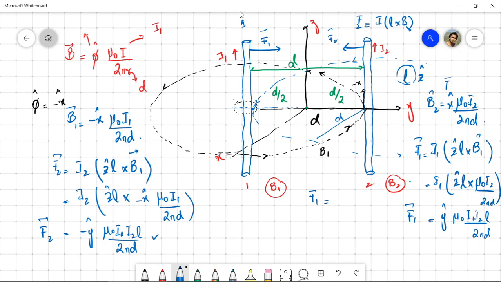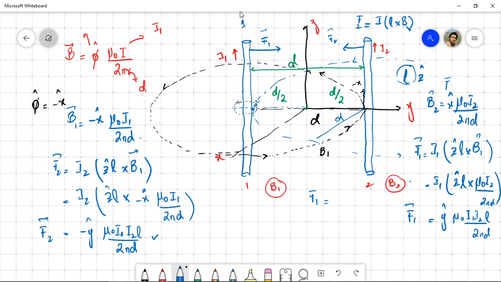If the direction of current in one of them is reversed, these two conductors will start to repel each other, because in that case we will have minus z here, and once again we'll have minus here, and these two forces will be equal and in opposite direction, so they will repel each other.